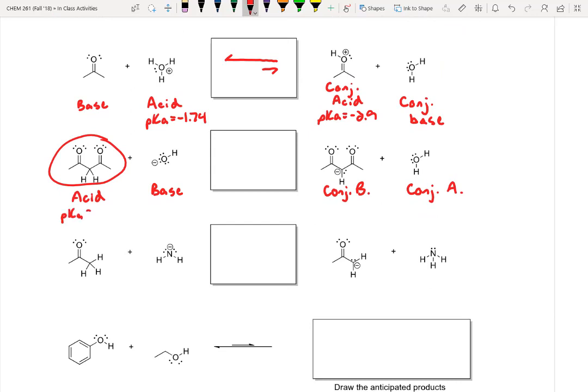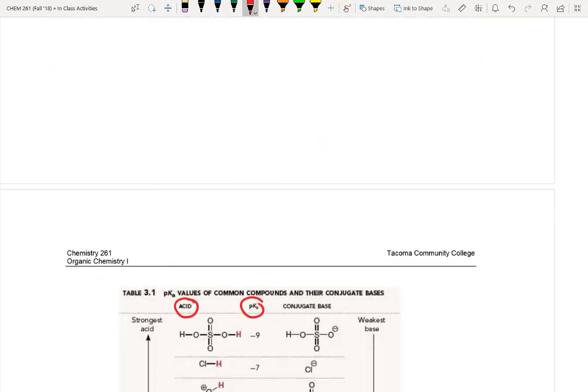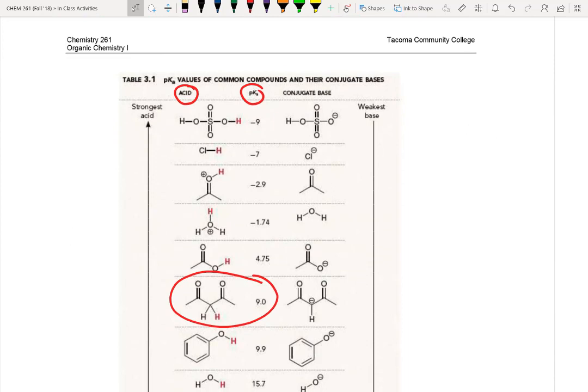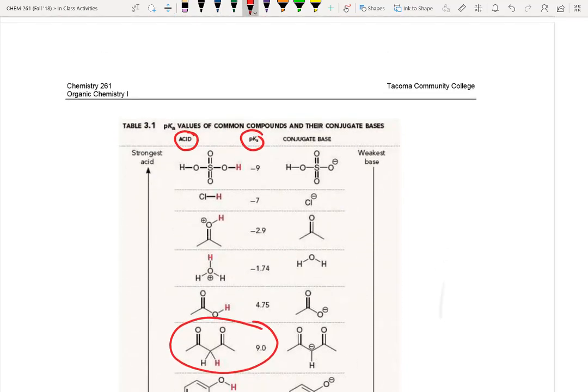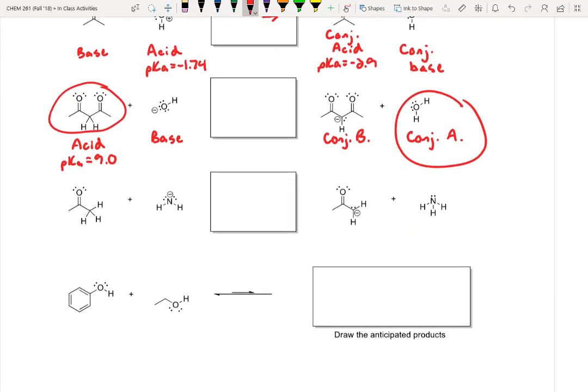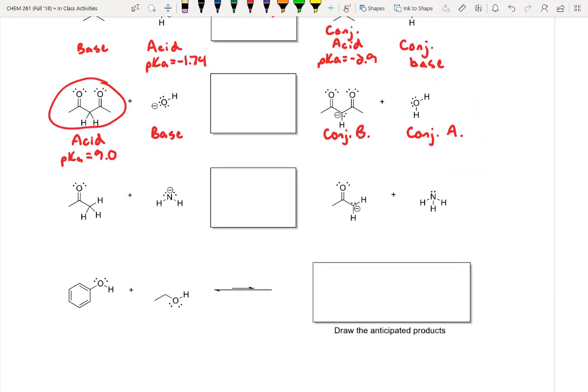pKa is going to be equal to 9.0. And then our conjugate acid over here is water. And if you remember from class, water is typically thought to have a pKa of about 15.7. So we'll go ahead and plug that in. Okay, so let me erase these. Got pKa of 15.7.